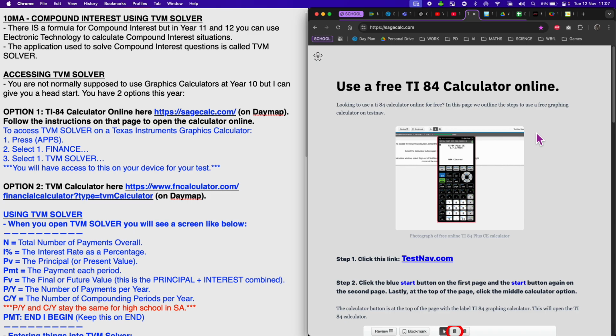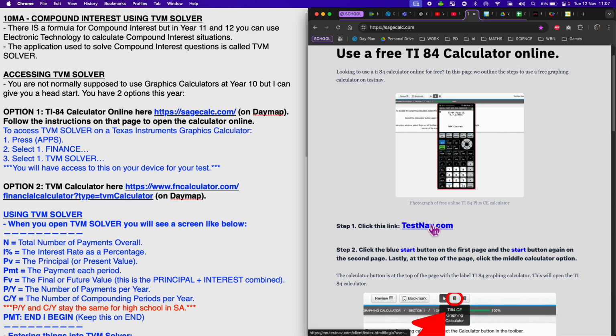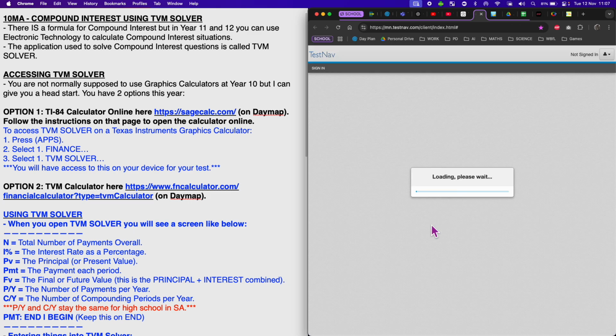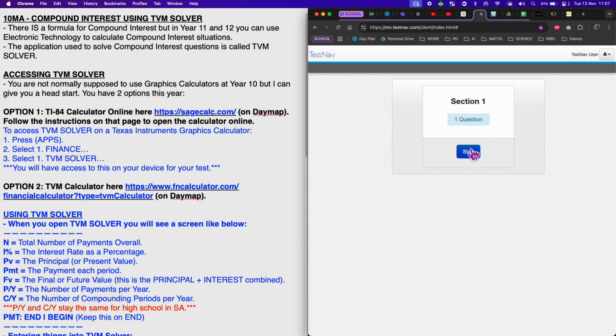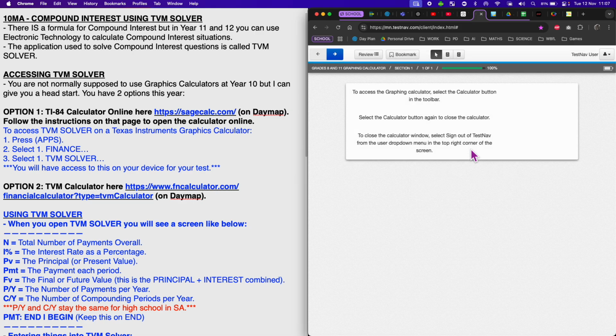And can you please follow the instructions that page gives you to access the graphics calculator? It tells you to press this link here and let it load. You press start twice. And then when it's loaded, you press this calculator in the middle. See how it says TI-84, graphing calculator?